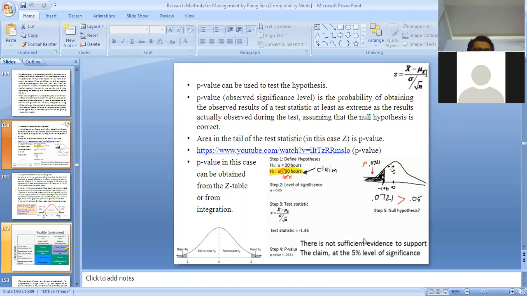Now if you ask me how this value of test statistic and p value actually comes, I can show you that in this case we can derive the p value from the z table, because here we are dealing with the z test statistic.